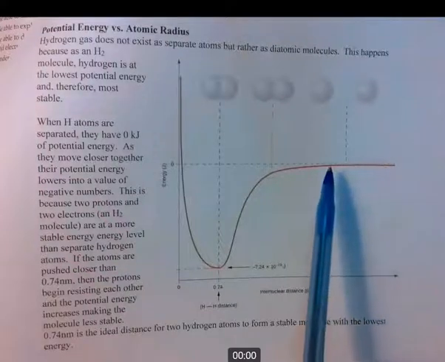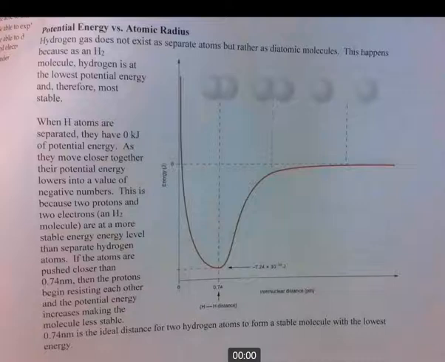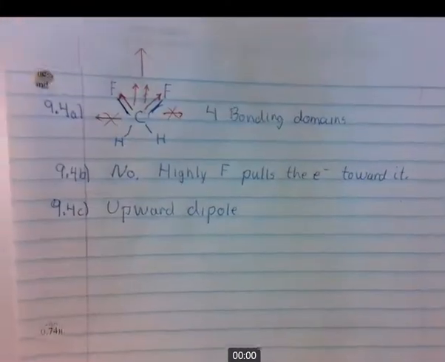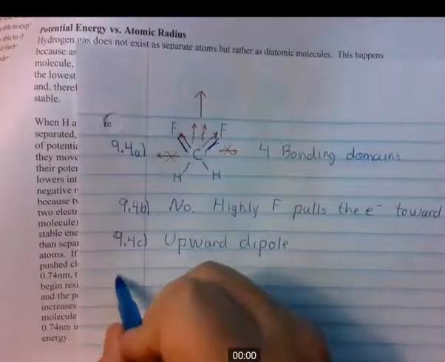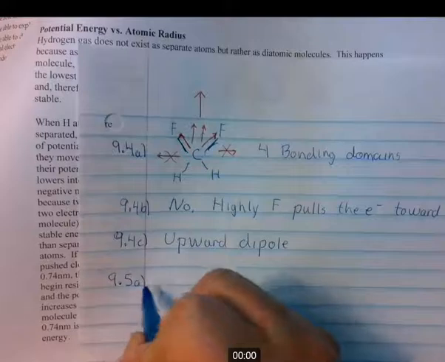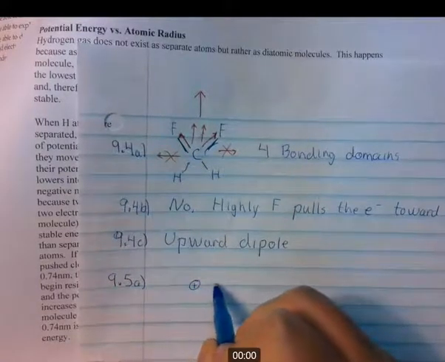As you bring them together, they're attracted to each other. And why would that be? Well, if you look at what a hydrogen atom is, and we're on question 9.5, so I'm going to go ahead and draw that in question 9.5. A hydrogen atom is simply a proton and an electron.